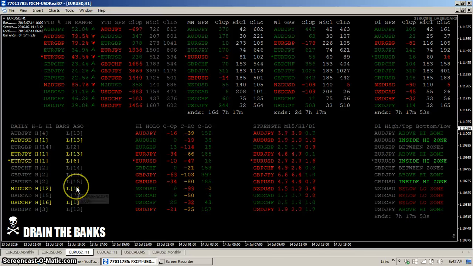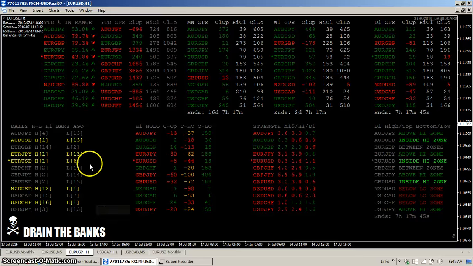If that happens, that pair is now in play. Or if price has returned to a highest H1 open or lowest H1 open, then it's also in play.